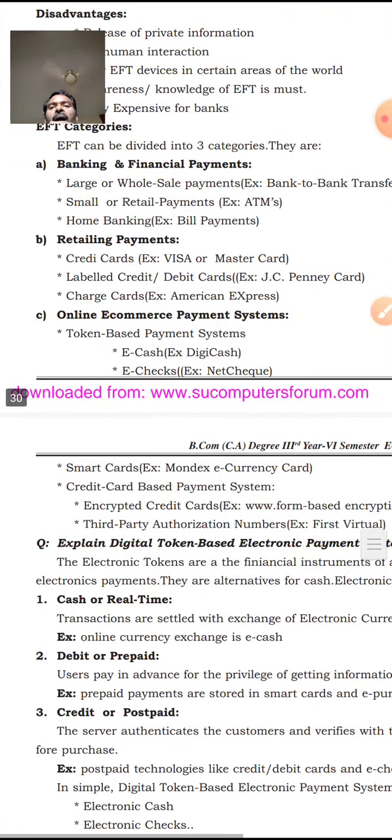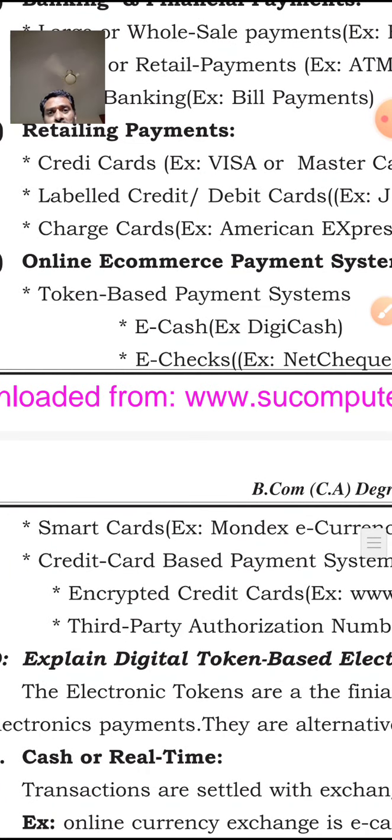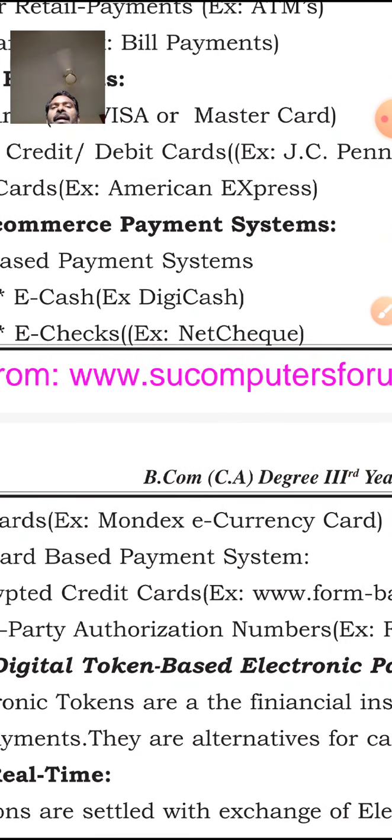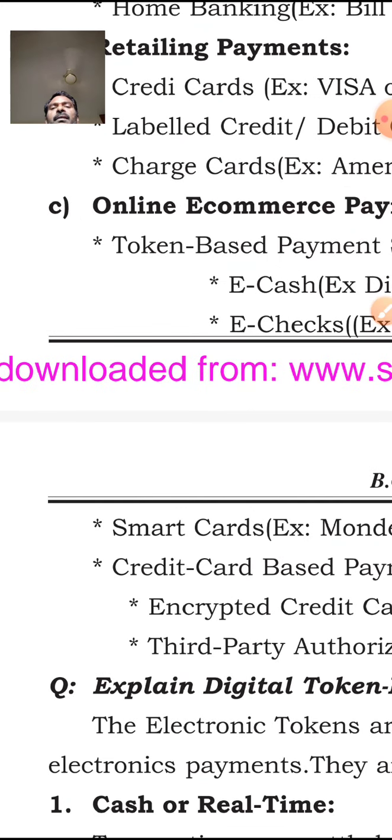In the online e-commerce payment system, the first one is the token based payment system. In the token based payment system, we already discussed eCash, that means DigiCash, and e-checks, that means online checks. These types of EFT applications belong to token based payment systems.